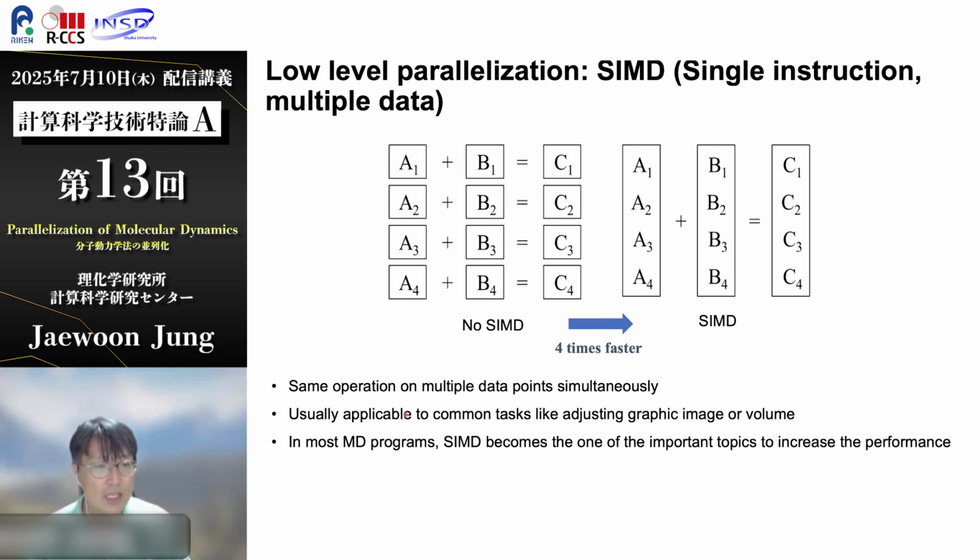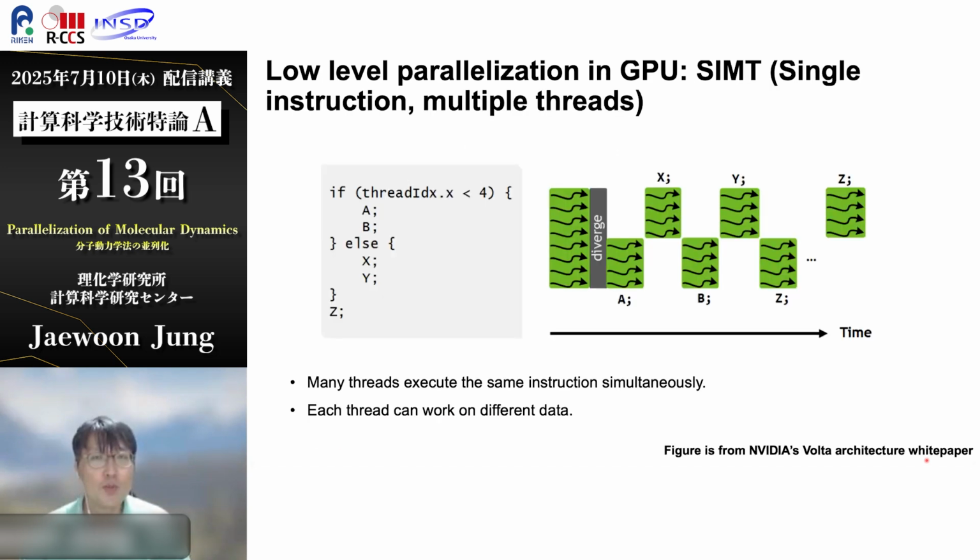And this kind of thing is usually applicable to common tasks like graphics, images or volumes. And in most MD programs, this SIMD becomes one of the most important topics to increase the performance. But nowadays, many people move to GPU.